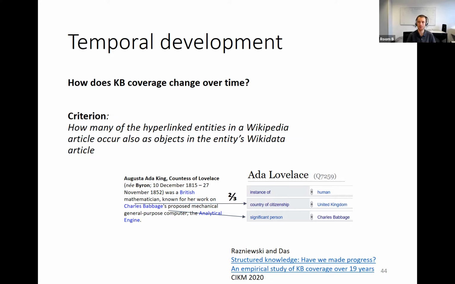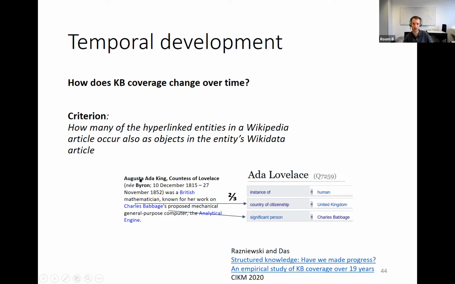So here the method to link text and knowledge base is based on a distant supervision assumption. We just assume whenever there's a hyperlink in Wikipedia, it's an entity of interest, and we ask how many of the entities of interest also occur in the knowledge base with a single triple for that entity.